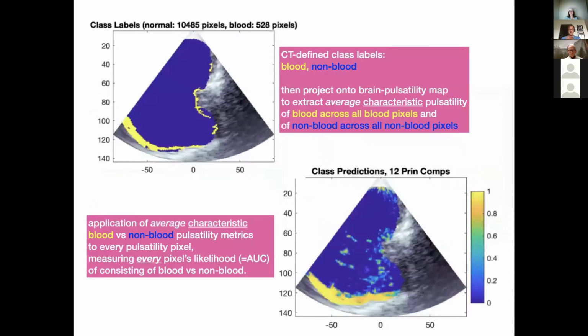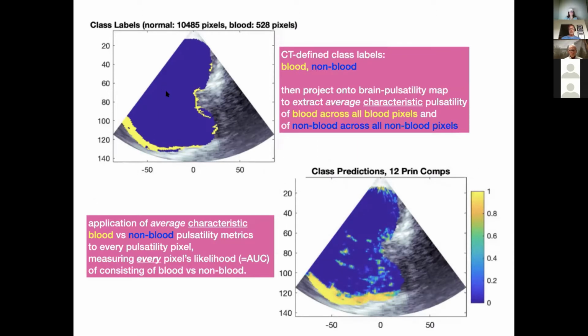In the next step, this is a complicated slide, but I will take only a minute for it. We project the CT-defined blood, which is yellow, versus non-blood, which in this case is purple, onto the ultrasound data. We then derive a single metric for what is blood based upon analysis of the pulsation of brain across all those blood pixels as defined by the CT.